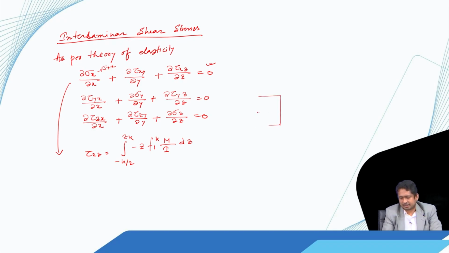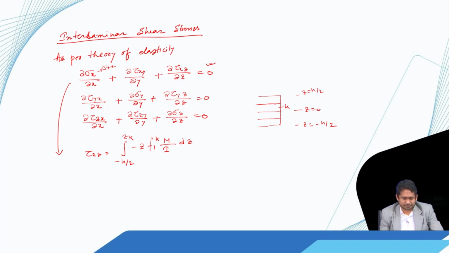Again, say this is the kth layer. So, we have z k and this is z equal to 0, this is z equal to h by 2, this is z equal to minus h by 2. So, we are integrating from minus h by 2 to our desired z, and we are finding out tau xz by integrating.